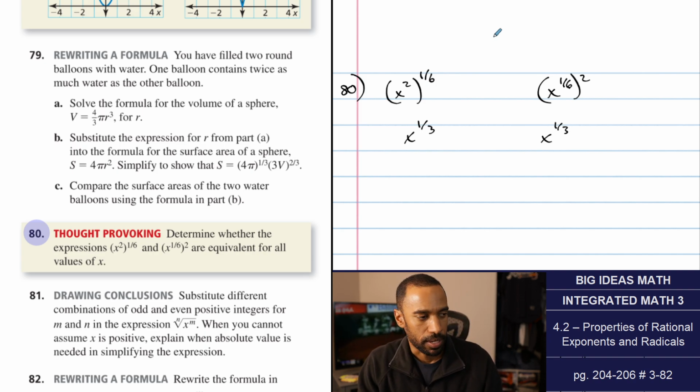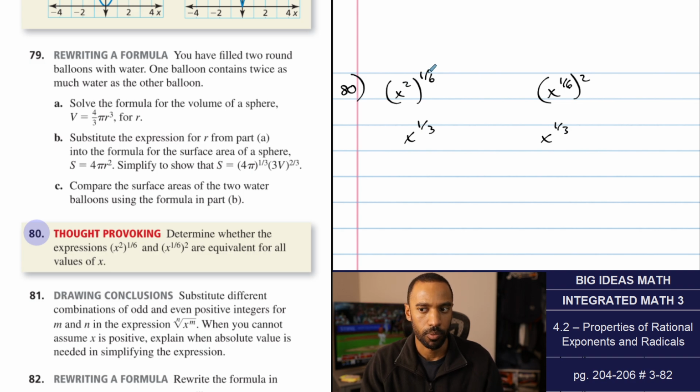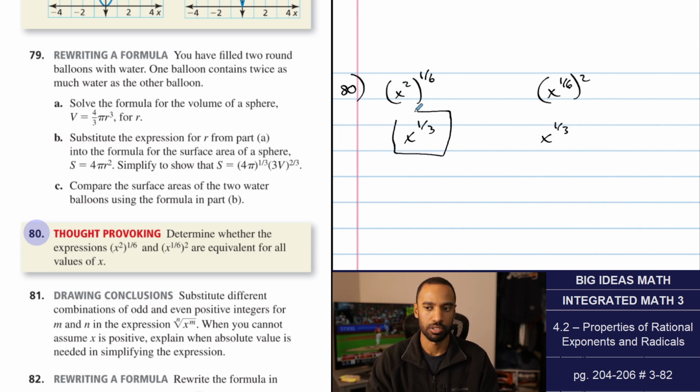The reason is because when you have a negative value for x, squaring a negative value turns it positive here. A positive number raised to the 1/6 power leaves you with this. This is fine. But this does not equal this all the time. This only equals this for x's that are greater than or equal to 0.